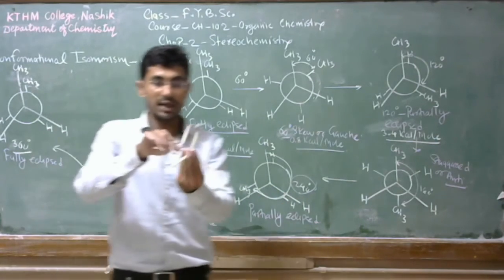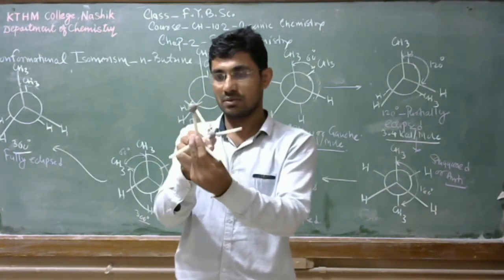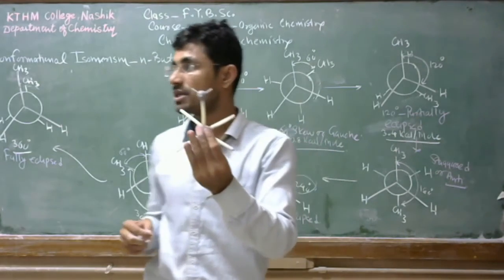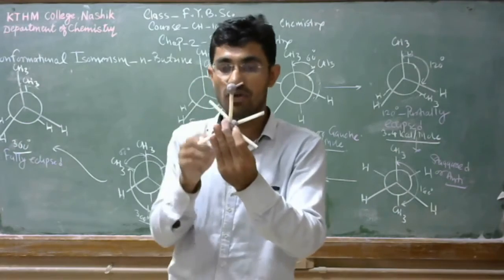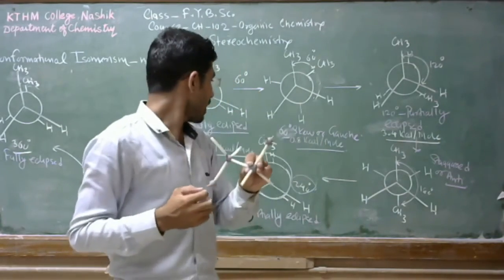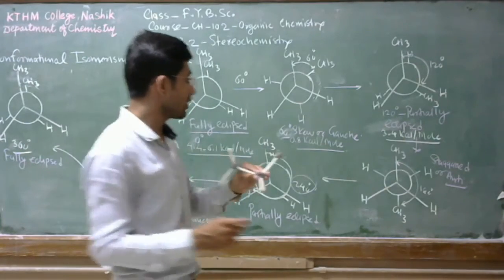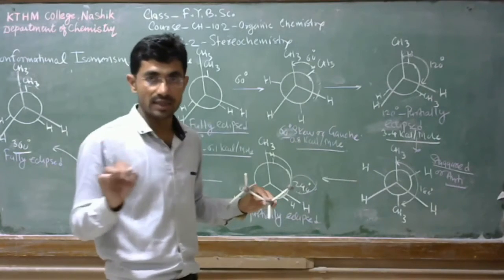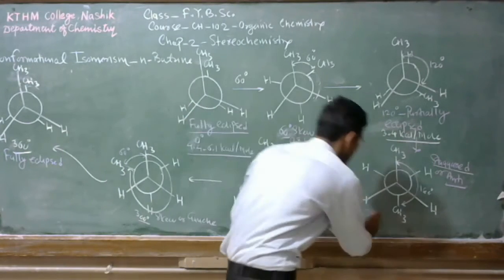Next is the staggered or anti conformation. In this staggered or anti conformation, the relative angle between the two methyl groups is how much here? 180 degrees. At that 180 degree angle, we observe the staggered anti conformation. The energy of this conformation we consider to be 0 kilocalorie per mole.